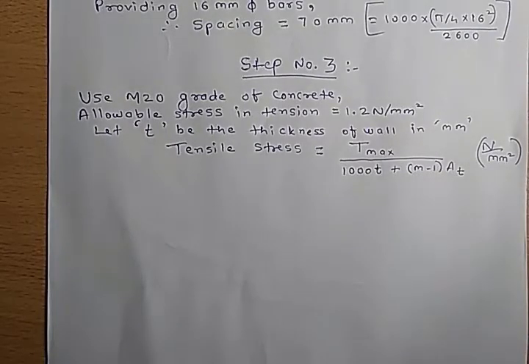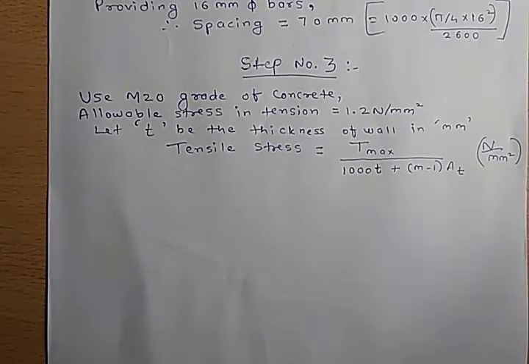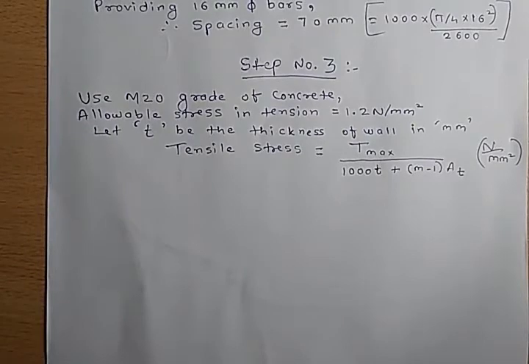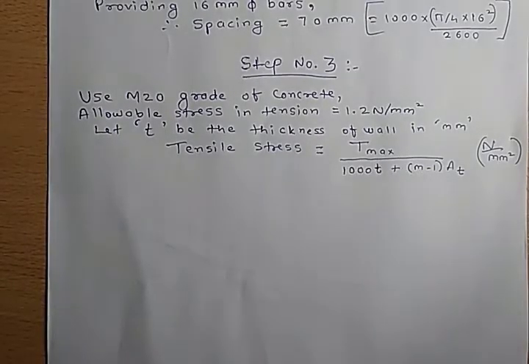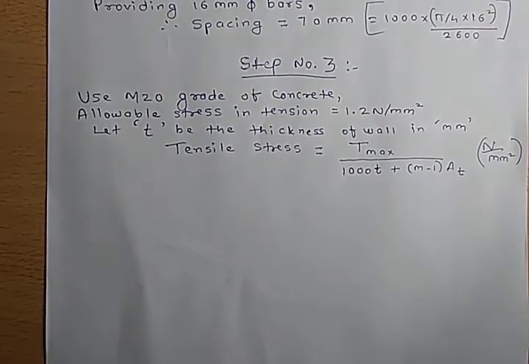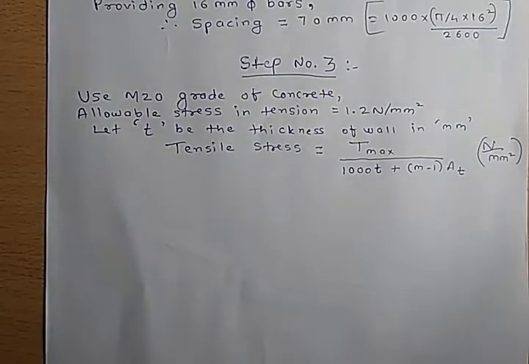Now T max we have already calculated in step number 2. This is the empirical formula that you may get in many other books, just like Punmia or Shah and Karve. Tensile stress is equal to T max, that is nothing but the force, and stress equals force divided by area.